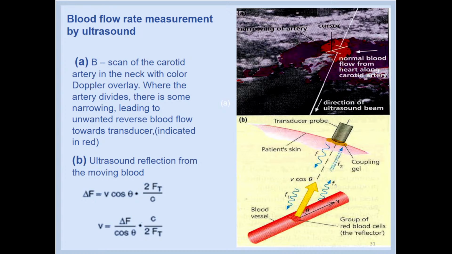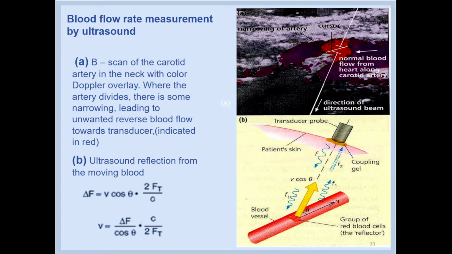A particular vein or artery is identified and an on-screen cursor is aligned with the direction of flow. You can see this cursor is aligned with the direction of flow. The angle theta between the ultrasound beam and the blood flow is automatically computed.